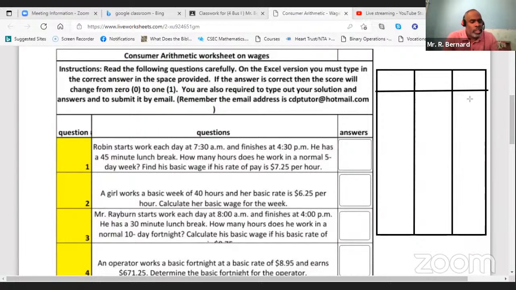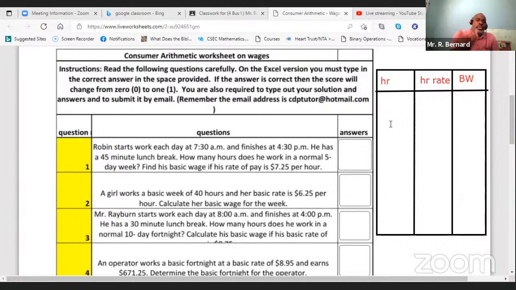Based on what I showed in the last class, in one of the columns, if you're going to pay attention, it's not hard to learn. One column had hours, which would have been the worked hours. Here would have been hourly rate, I was going to put HR for short. And this would have been basic wage, and I'm going to put BW for short.